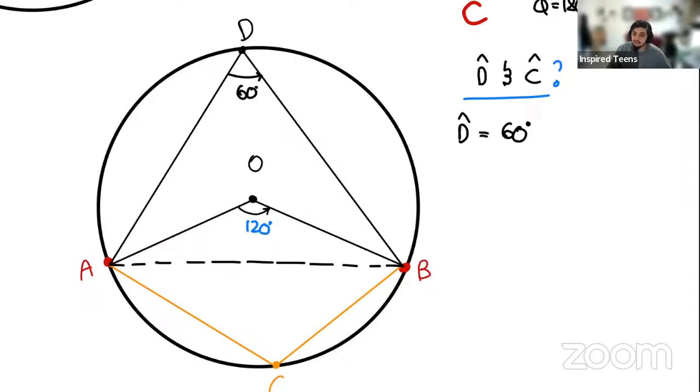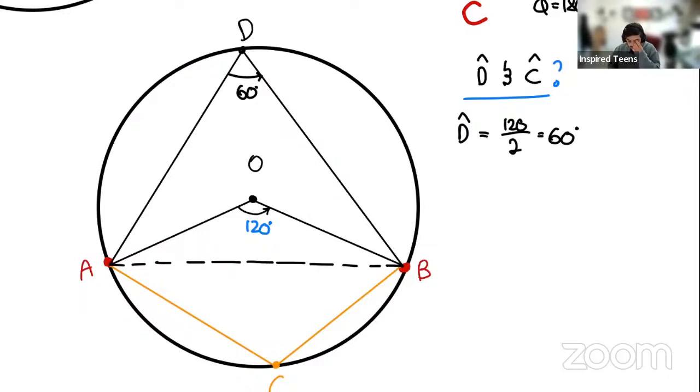Half of 120, we say 120 divided by 2. So let's write that actually. And you'd give your reason.